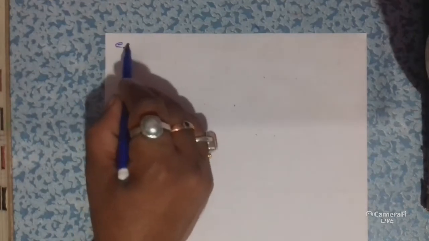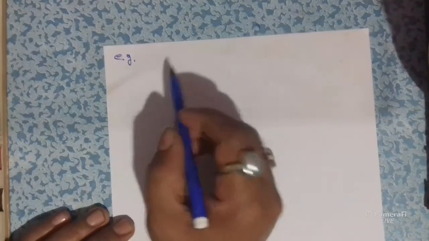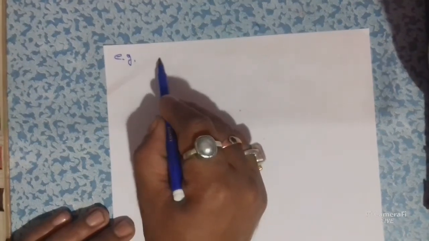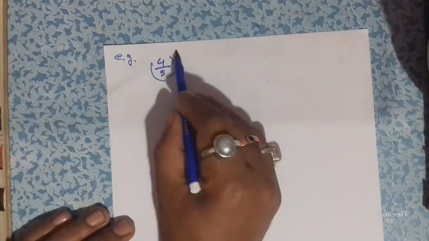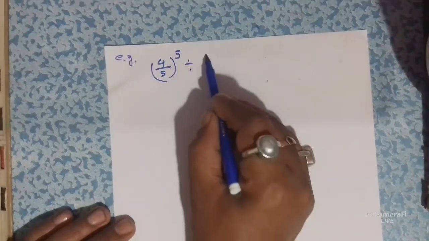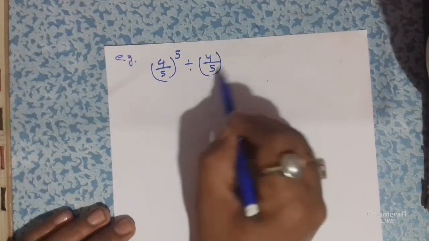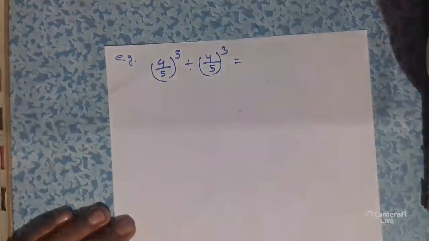Now another example. Suppose (4/5) to the power 5 divided by (4/5) to the power 3.